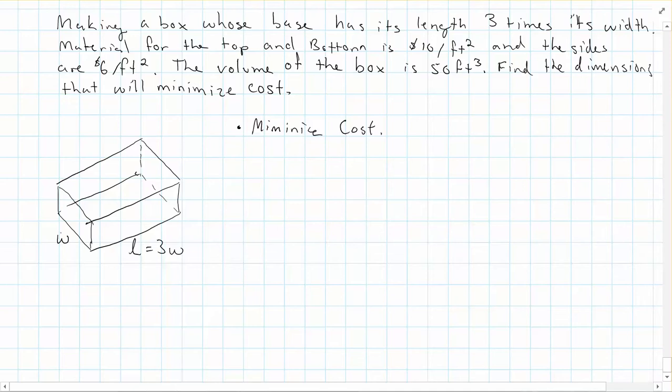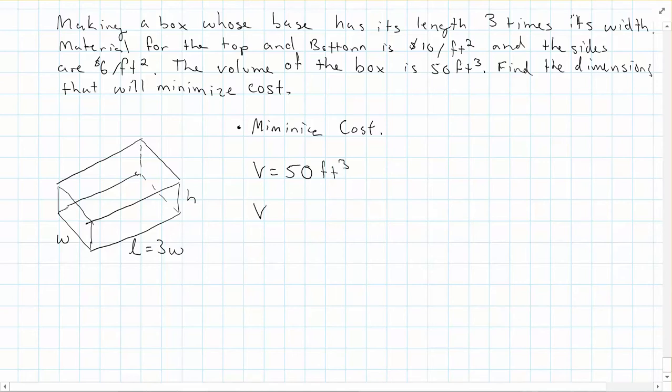Alright, so let's go ahead and get back to this then here. So the width of this box is W. The length, it says, is always 3 times its width. So length is 3 times W. And then I don't know the height of this, so I'll just say the height is H. Okay, so then let's write an equation down here. One of the things we know is that the volume of this box is 50 cubic feet.